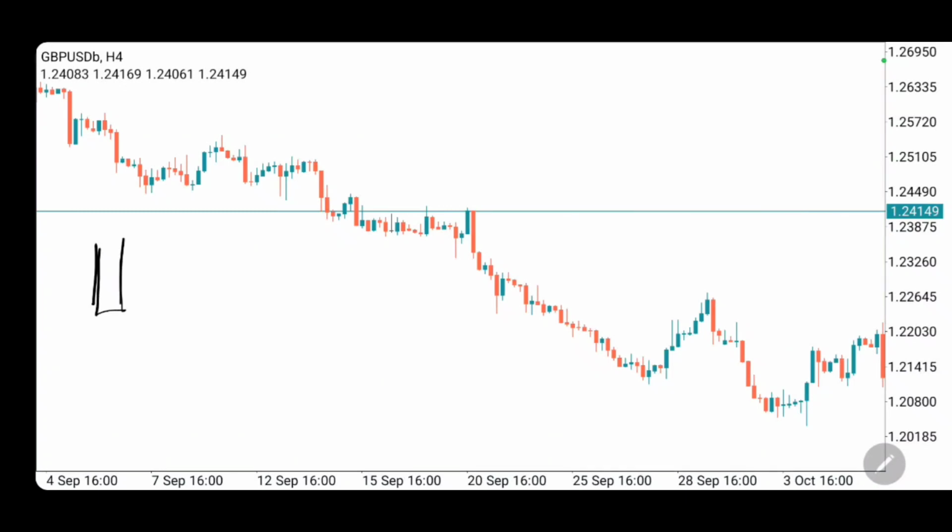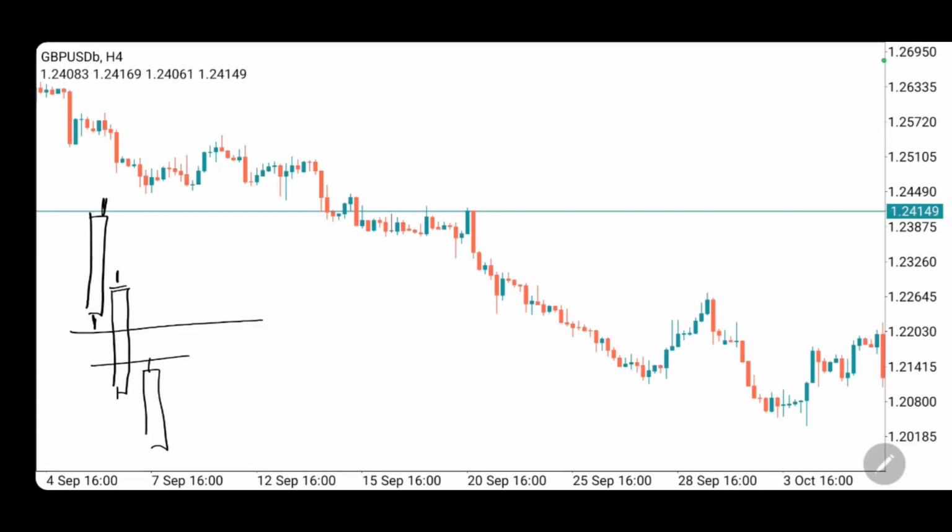Let's assume this is a sell candle, another sell candle right here, and another one right here.